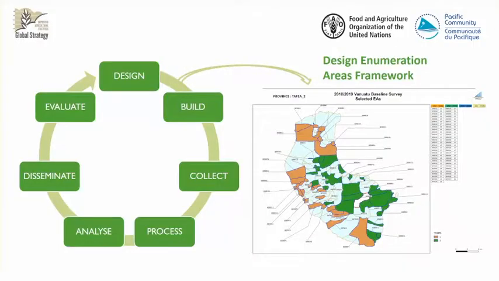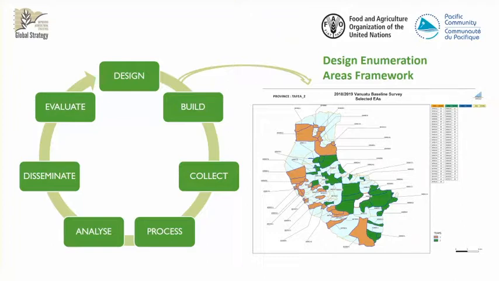Here we have an example of the planning maps that the Vanuatu National Statistics Office is using to plan their HIES. We have teams, the orange team and the green team.